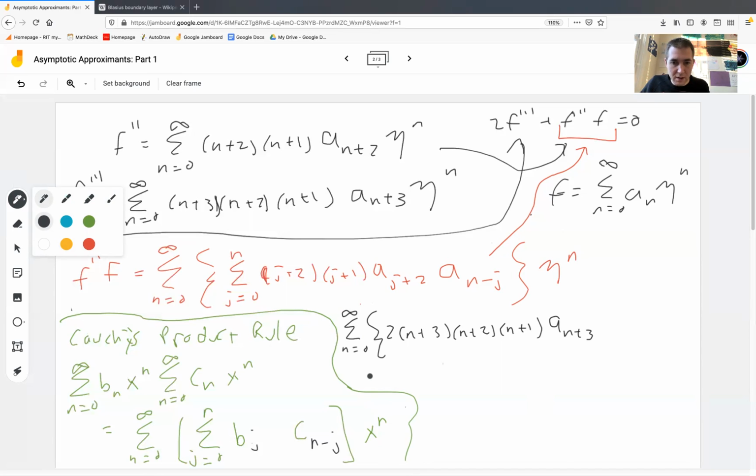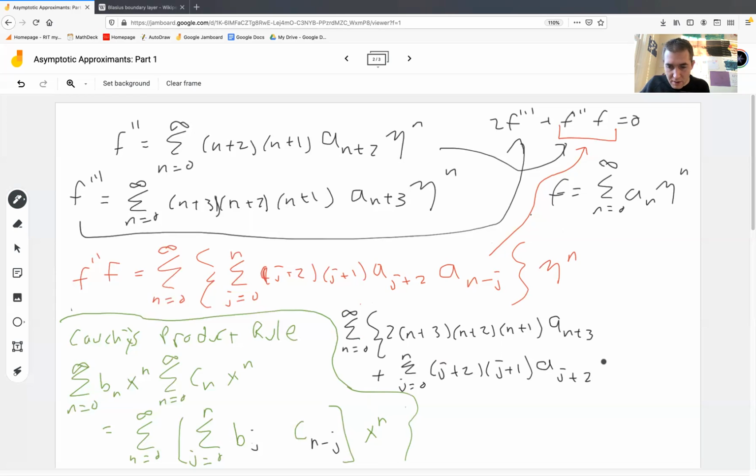So that'll be plus series j going from 0 to n, j plus 2, j plus 1, a sub j plus 2, a sub n minus j. I think that's everything. And then this is all times x to the n equals 0.